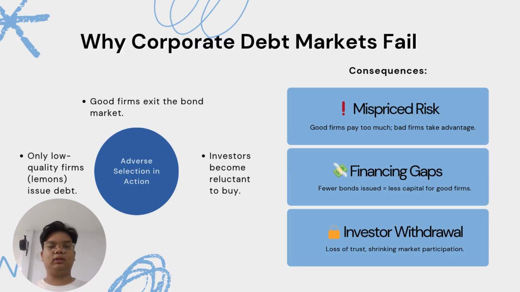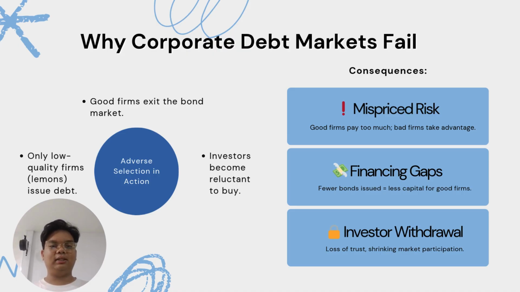Next, I will talk about the consequences. In this case, we have three consequences mainly. The first one is misprice risk. Misprice risk is when good firms pay too much in terms of the interest, but at the same time, the bad firms are taking advantage of this situation.